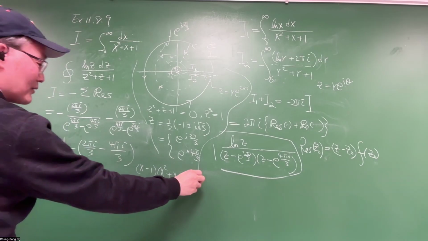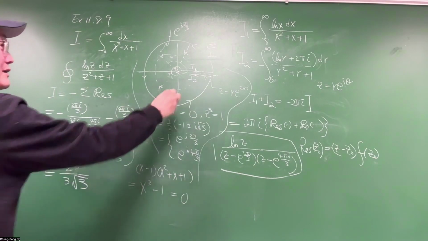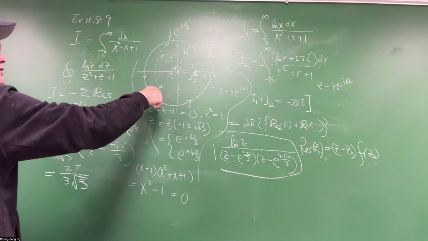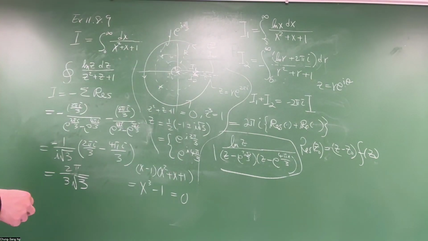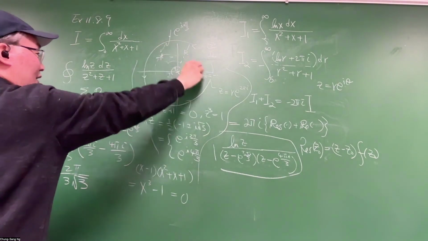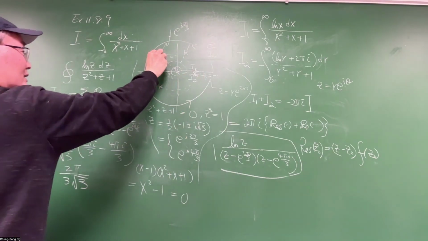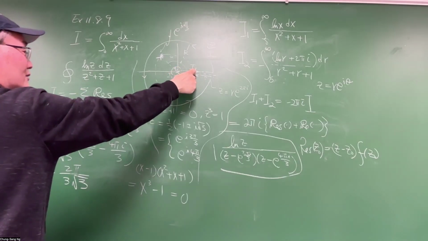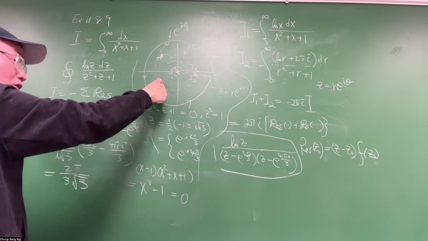So this equals 0 means there are 3 roots. One is 1, on the unit circle. The others are the locations where you divide the 2 pi into equal parts. They are on the same unit circle, but the locations are at the polar angle, so this is 0, this must be 2 pi over 3, and this must be 4 pi over 3.